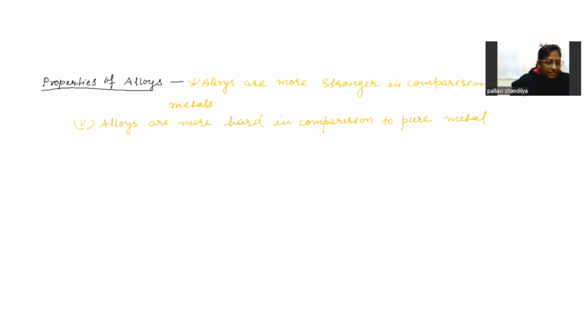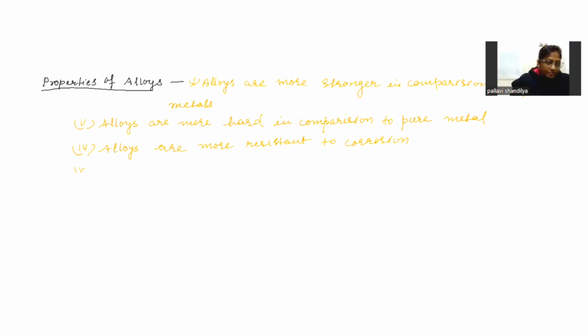Okay, the third point is alloys are more resistant to corrosion. Okay, that means corrosion free.